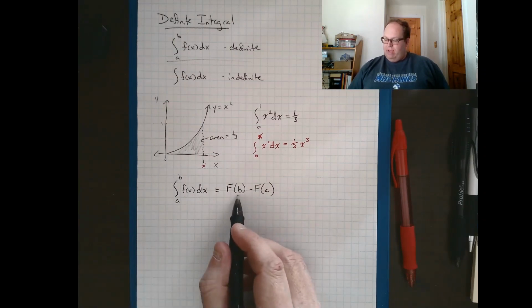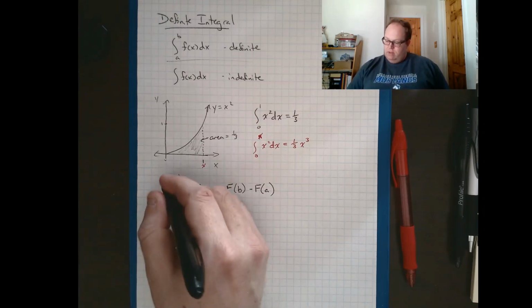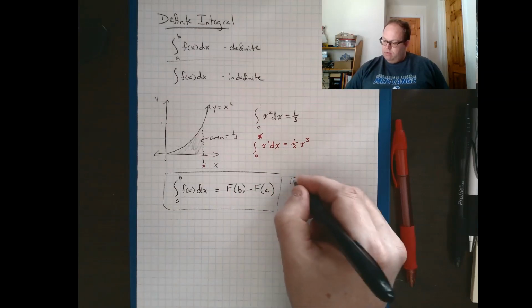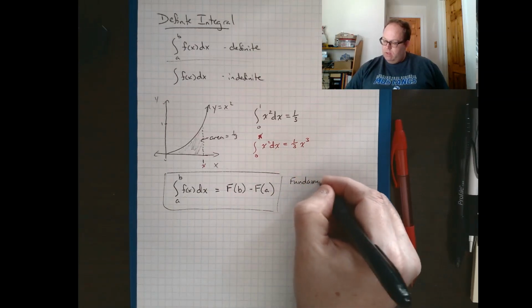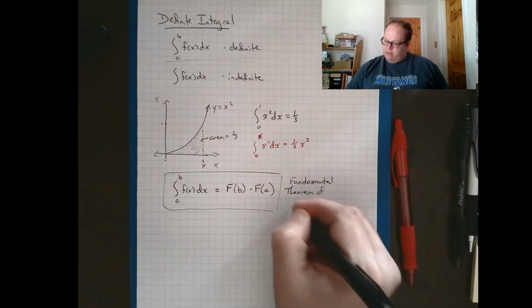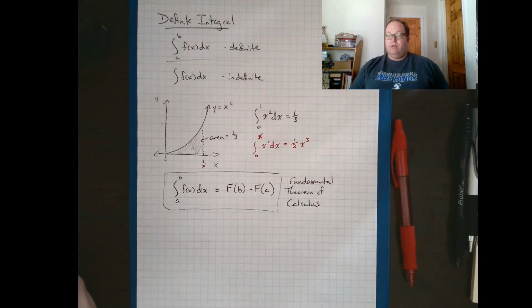And here I am evaluating it between the limits b and a given in the integral. This thing is a bit of a big deal. The fundamental theorem of calculus. And it's a very small portion of the fundamental theorem of calculus, but it's introduced within there. And it's what's let us analytically work out the value for integrals over certain areas, for definite integrals.